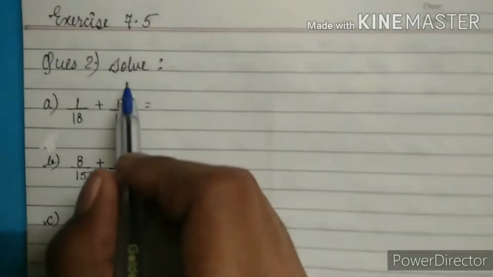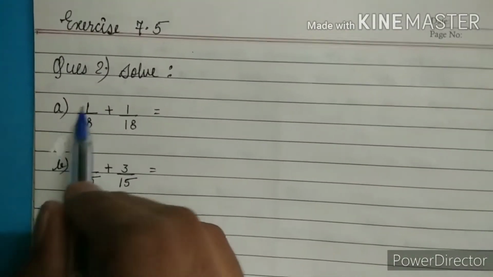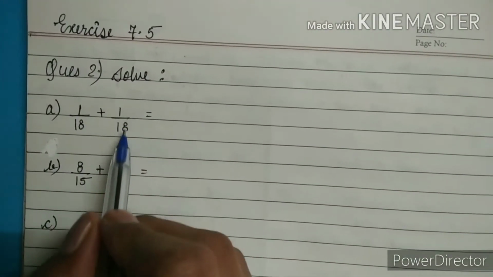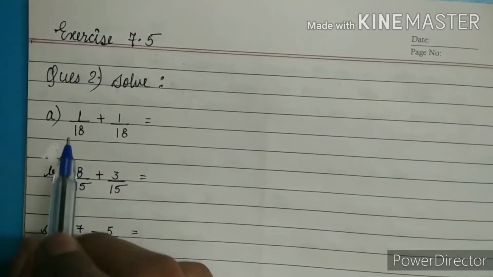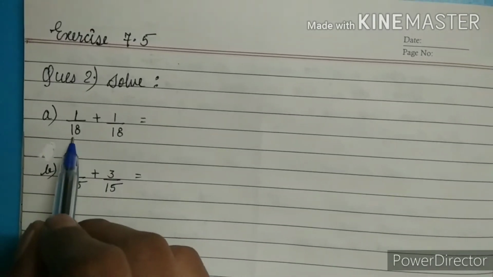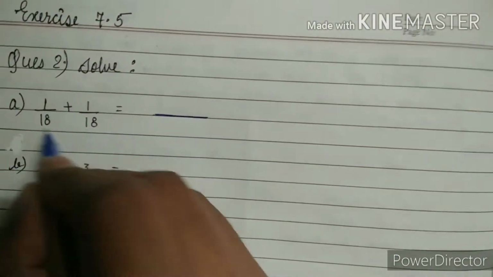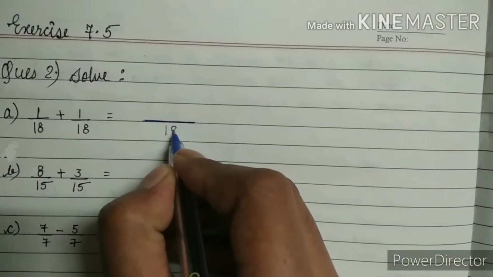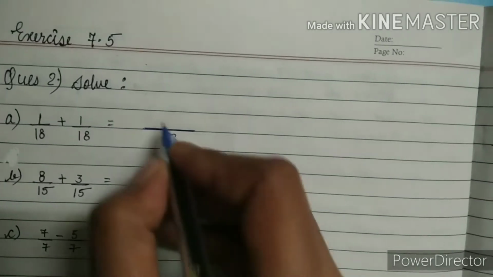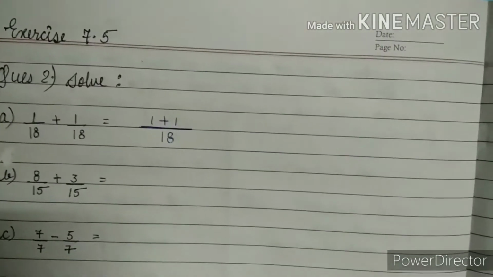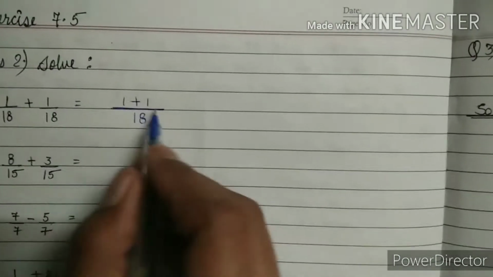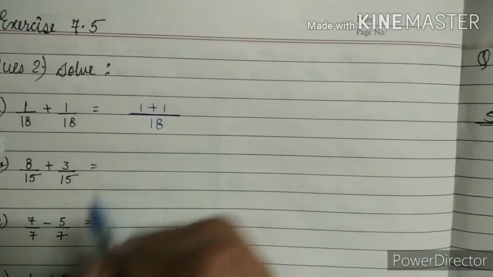Question number 2 is solve. Its A is 1 by 18 plus 1 by 18. We have to add two fractions. Their denominators are the same, so we can do it directly. Same denominator means it will come one time only. Then 1 plus 1: whatever is in the numerator, we write in one fraction.